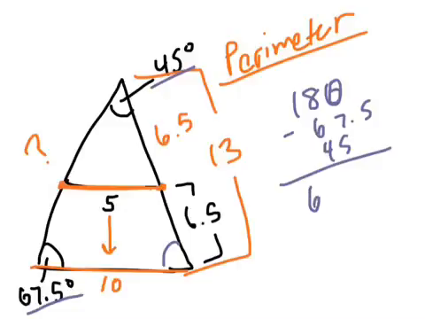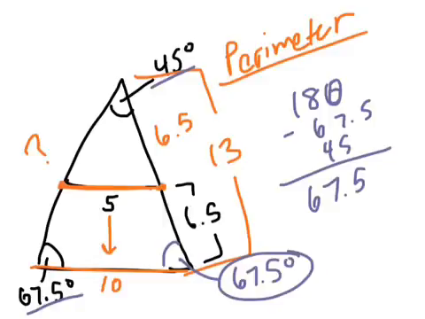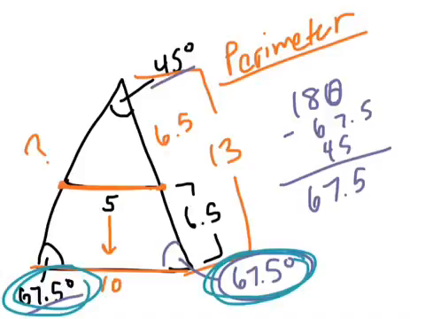And if we do that, we get 67.5. Now you should notice a similarity here, and I'll use a different color to point this out. 67.5, 67.5, these are the same. One of the theorems that we talked about recently, right before I left, was the base angle theorem and the converse of the base angle theorem.